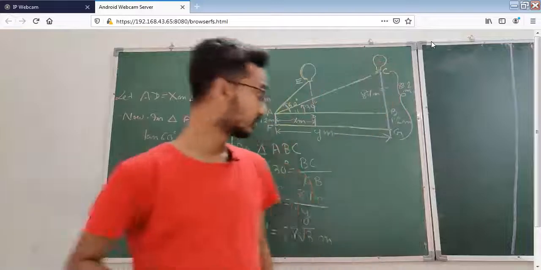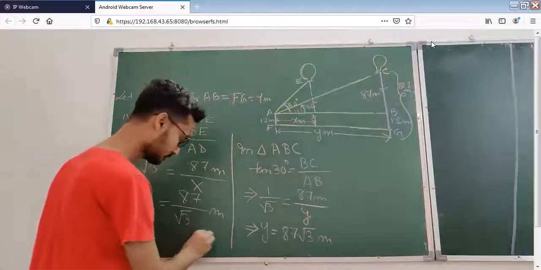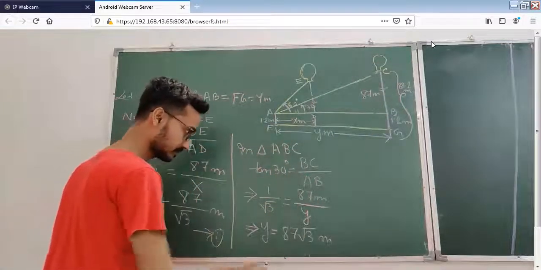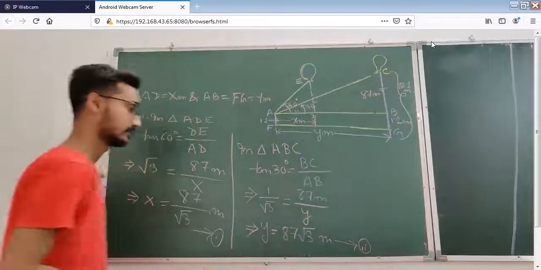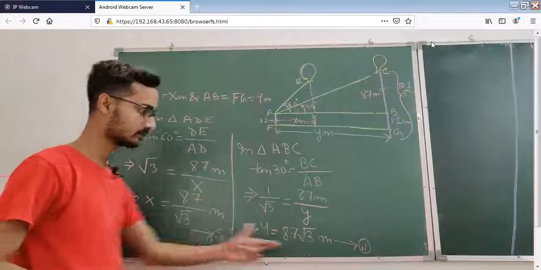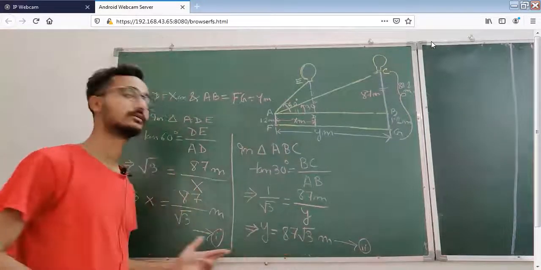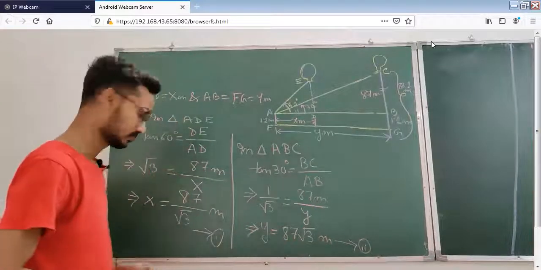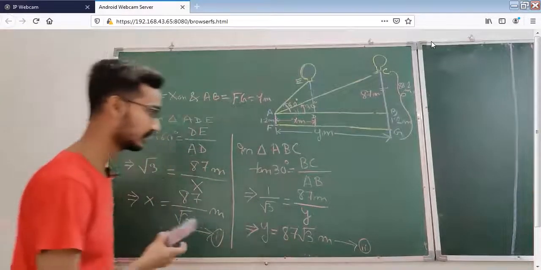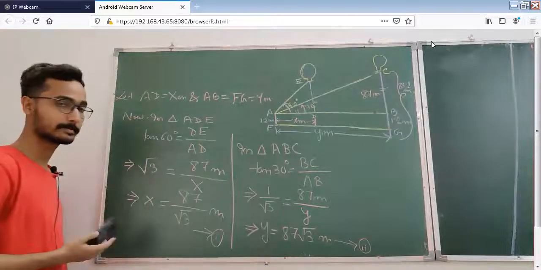Suppose this is your 1 and suppose this is your 2. Now if you subtract 1 from 2, then you will get BD. Up to this clear?